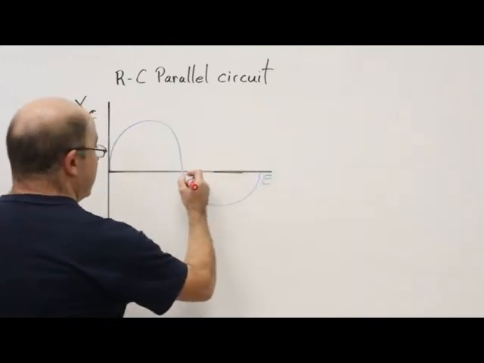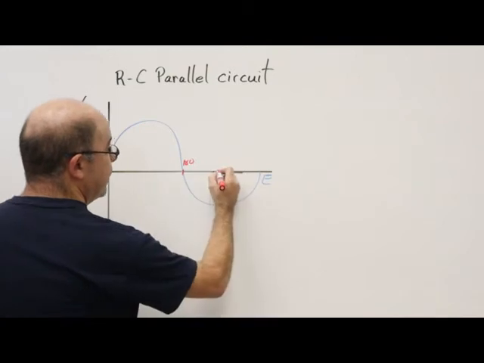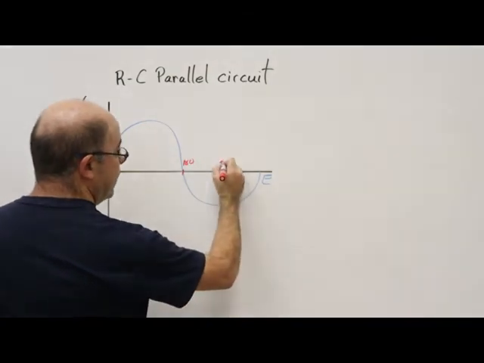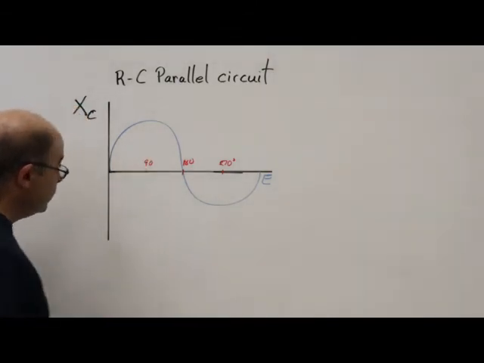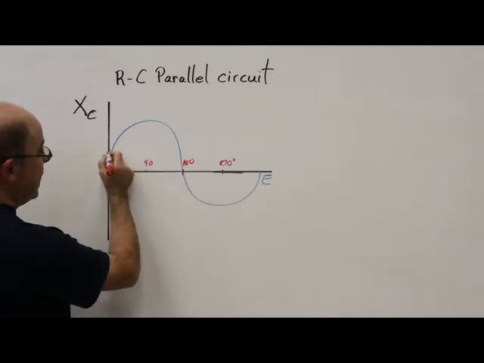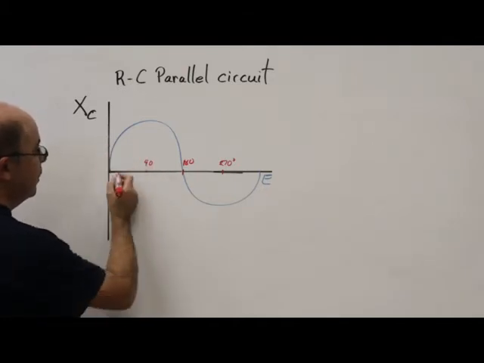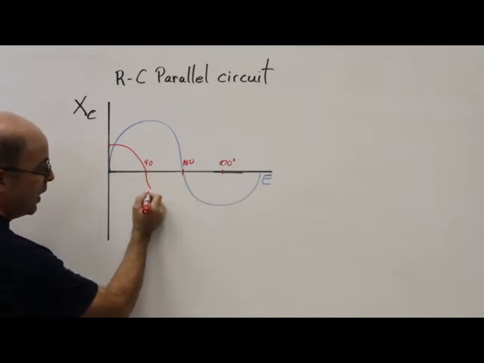That means then, if I was to bisect this for 180 degrees, about halfway to 90. That means then that my current's going to start, and let's say the peak's right about here. Well, it's going to start up here, go down into the negative alternation.